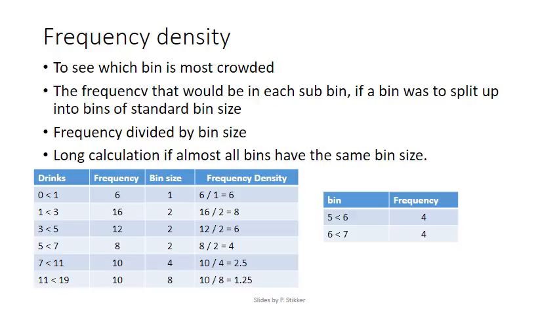In this case, the standard bin size would most likely be 2 because that would avoid most of the calculations, but you can actually use any number you like. However, by using the bin size that occurs most often, you have the maximum benefit of reducing the calculations a lot, as will be shown on the next slide.